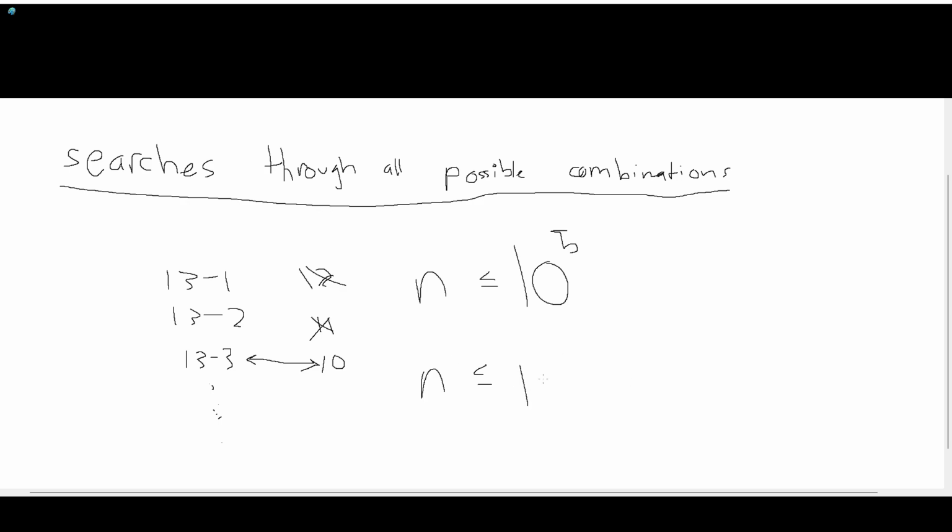So for example, n is 10 to the 3, because 10 to the 3 squared is just going to end up as 10 to the 6th. 10 to the 6th is less than 10 to the 8th, so we're fine, and it's going to run in time. However, 10 to the 5th is probably not going to be complete search because that's going to be 10 to the 10th when we square it, and not in time.